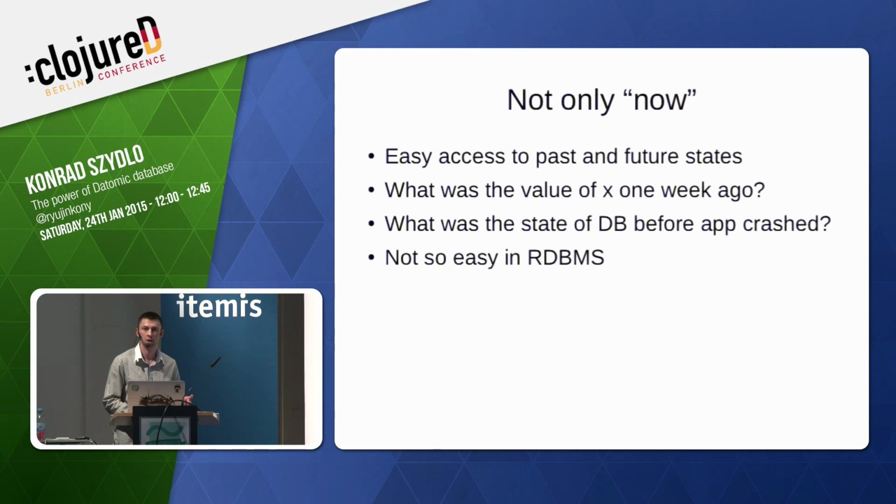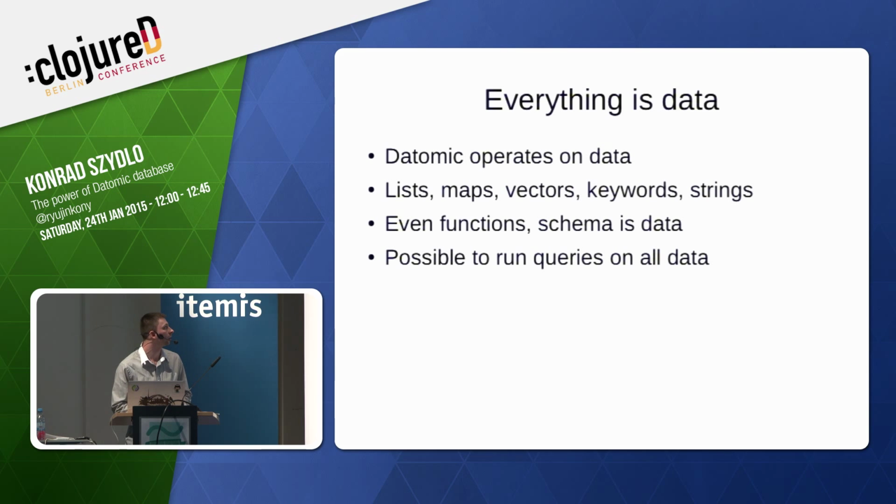We can answer such questions in relational databases, but it's not so easy, and it's not supported as it is in Datomic, because in Datomic everything is data, and Datomic operates on data structures like lists, maps, vectors, also keywords and strings. Not surprisingly, functions are also treated as data, but it might be surprising that schema is also data, and we can run queries on all data that is available to us.